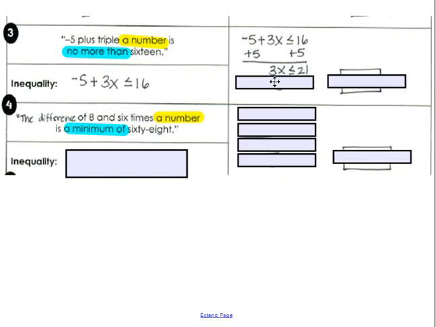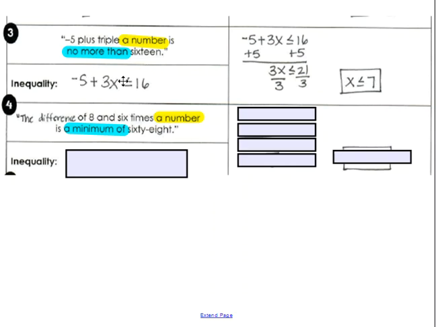Now we want to get rid of multiplying by 3, so we divide both sides by 3. Over here we will have x, and over here we will have 7. We did not need to change our symbol at all because we didn't multiply or divide by a negative number. So that's our solution.